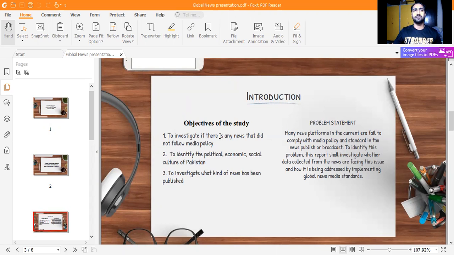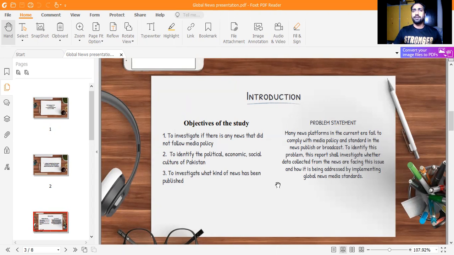After getting the news, we have to gather it and identify what kind of news it is. In any country they have their own media policy and regulation set by government rules. So in this assignment, we shall compare the news coverage report.